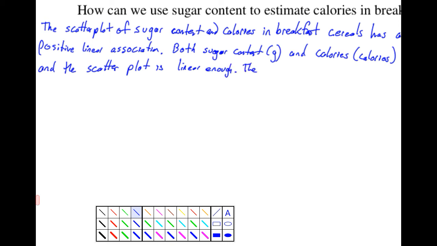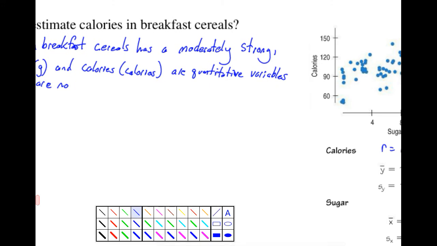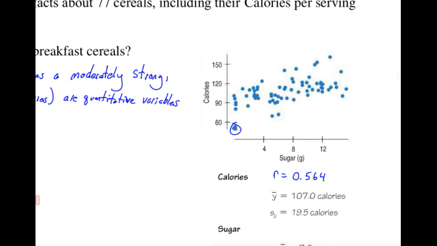There are no outliers. Maybe you want to consider these points outliers, but they're close enough, and we're saying moderately strong. I don't really think they're significant.